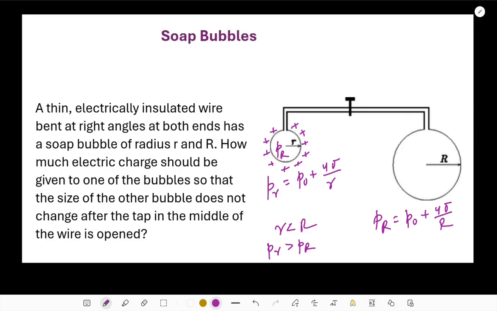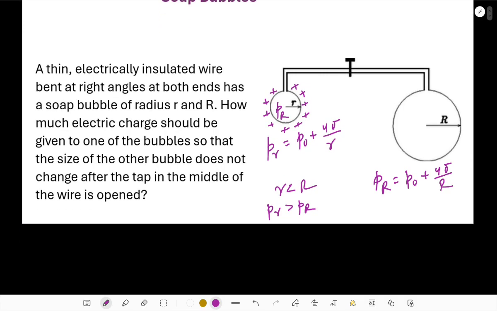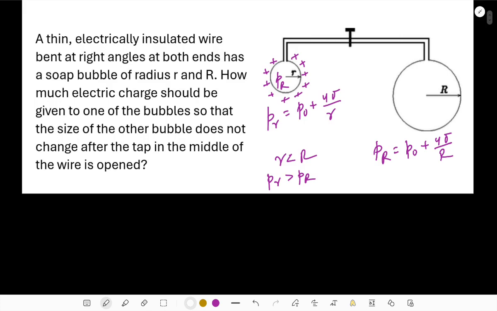So we need to make some changes to the smaller bubble: put some charge over its surface and increase its radius. But how much? We don't know yet. So I'm going to use Boyle's law, because the process will be fast and the temperature will remain constant, I guess. I can write Boyle's law for the smaller bubble: its inside pressure is P_r now, and its volume is 4 by 3 pi r cube.